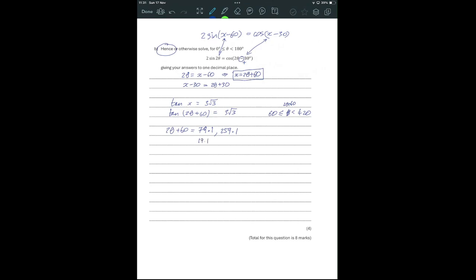So that'll be 19.1 and 199.1 for 2 theta. Divide through by 2. We only want it to 1 decimal place. Because I've kept using the answer button in my calculator, that comes out as 9.6. And if I use the other one, I will be getting an answer of 99.6.